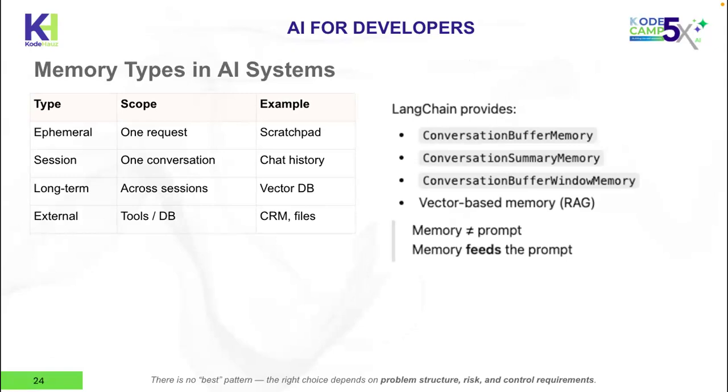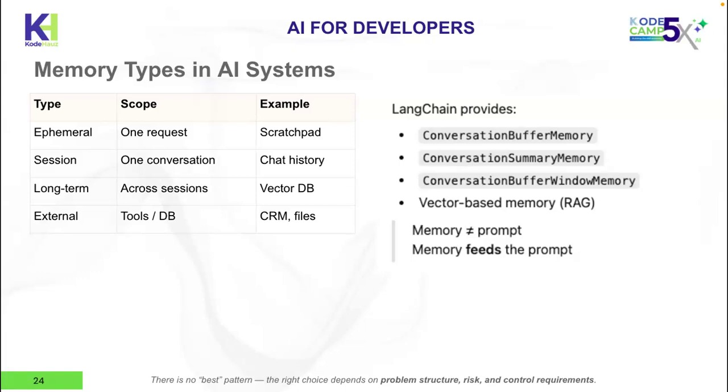The ephemeral memory is memory that does not last. It will quickly get wiped. In other words, once that particular interaction is done, that memory is gone. You can't get it back. And it's by design. So it's only for one single request, right?